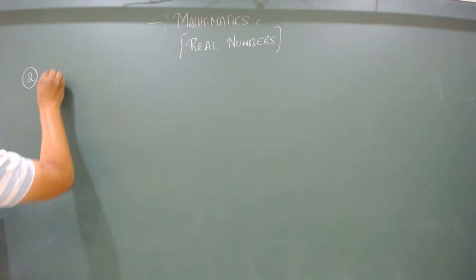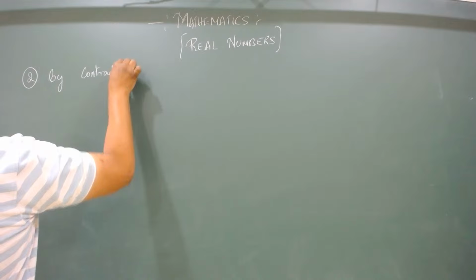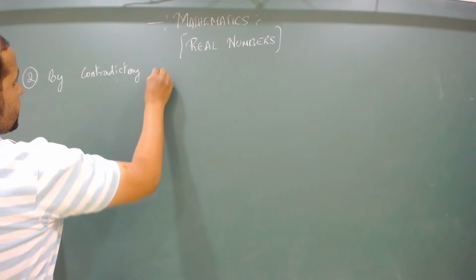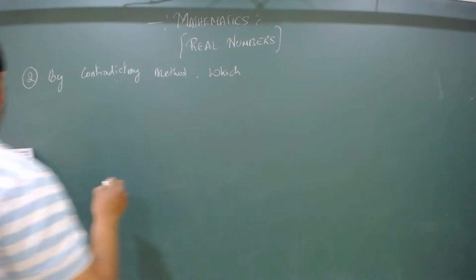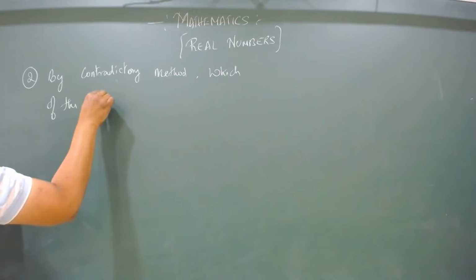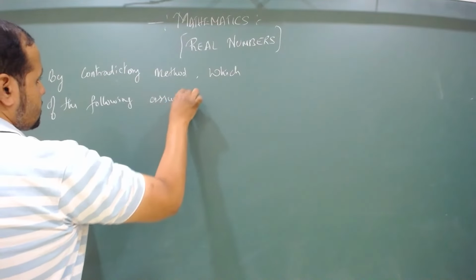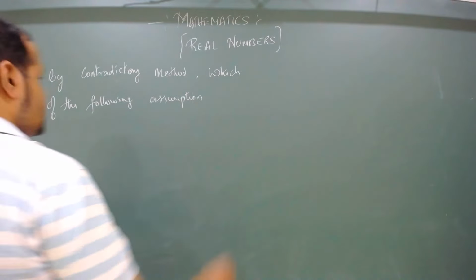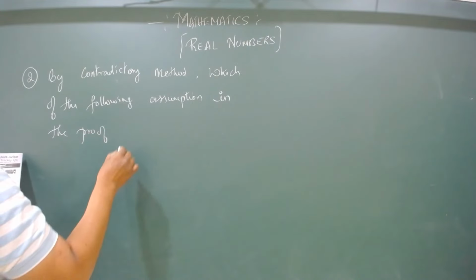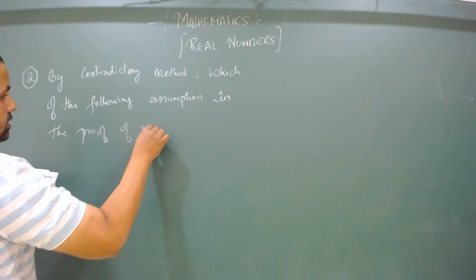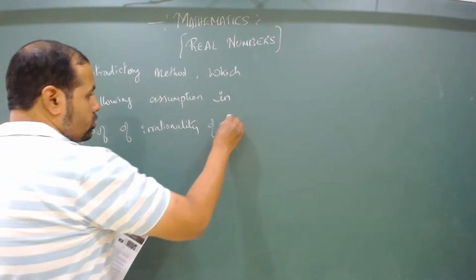Second question. By contradictory method, which of the following assumptions is necessary in the proof of irrationality of root 3?